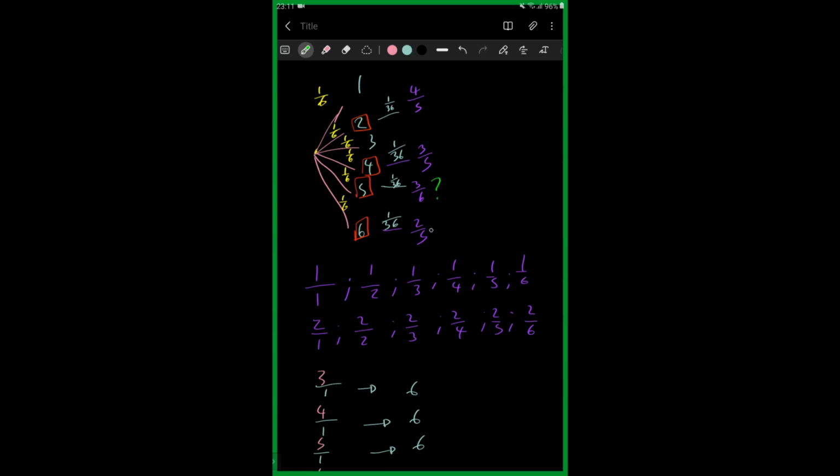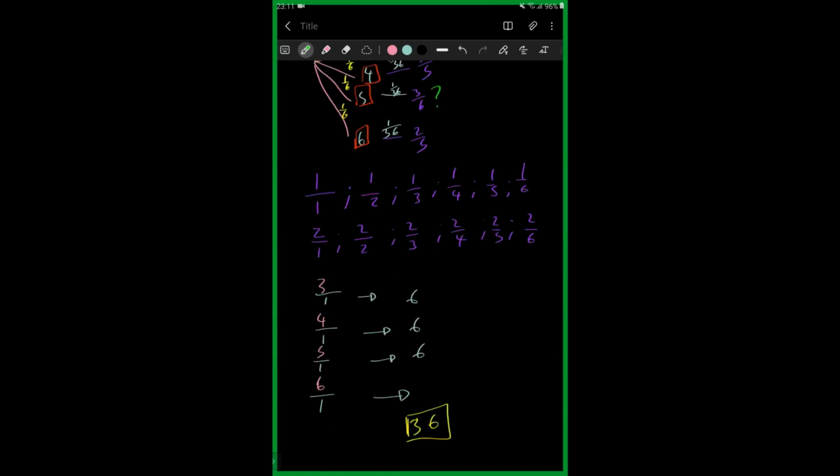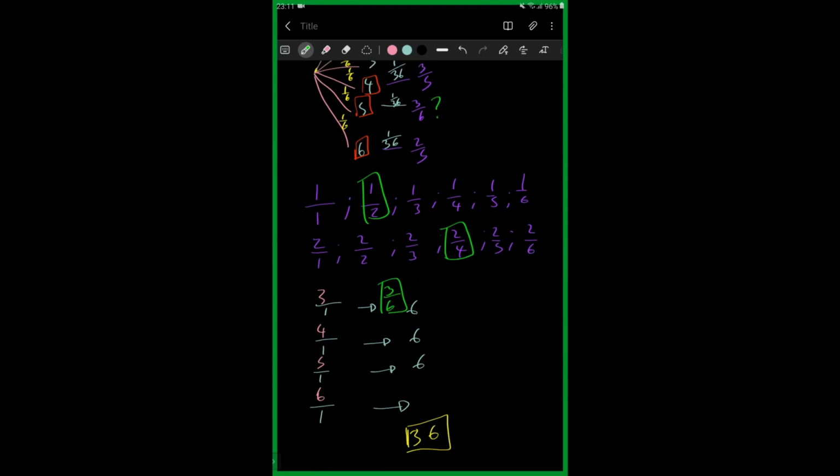But for a half, there are different combinations. 4 over 5 gives a half, right? And then 3 over 6 also gives a half. 1 over 2 also gives a half. 2 over 4 gives a half.